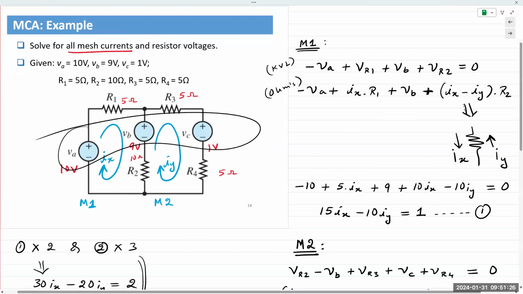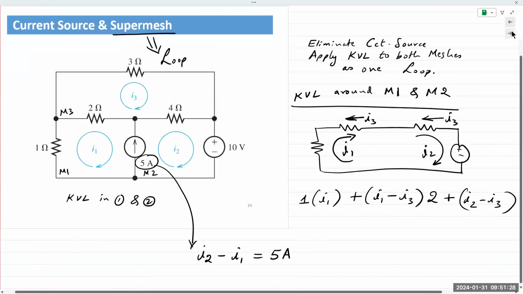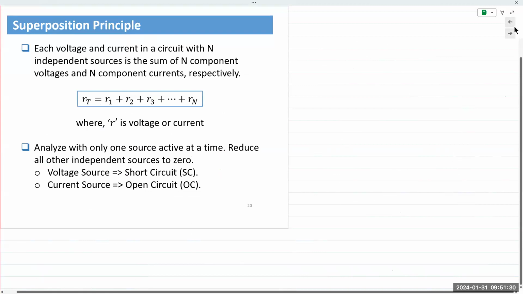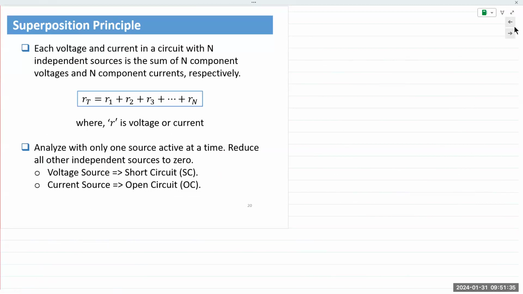So the superposition principle states that we can break up the circuit into individual parts and analyze the circuit for each source working independently.